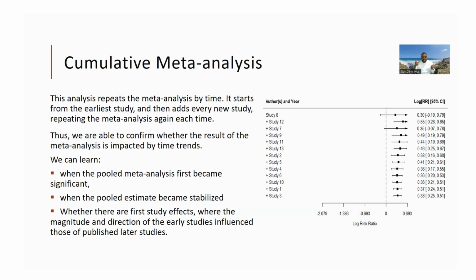If you find first study effects and there is also publication bias, it might tell you that the other people who were not finding estimates similar to the first study were just not publishing, or maybe they were not able to publish because nobody believed their results. So that's what we mean by first study effect.